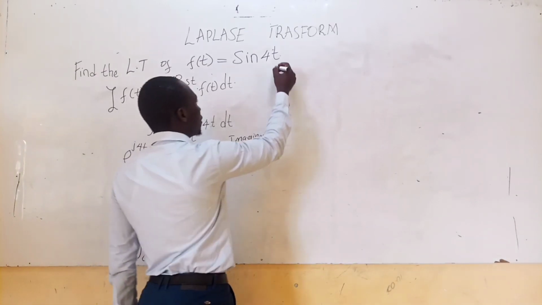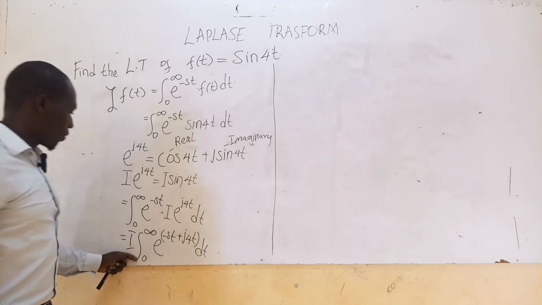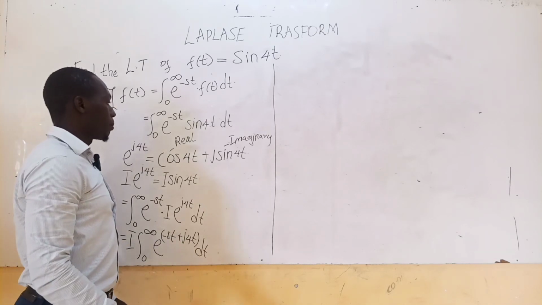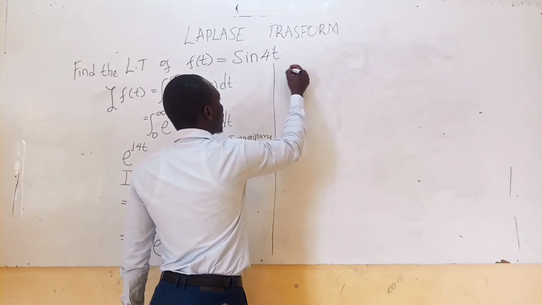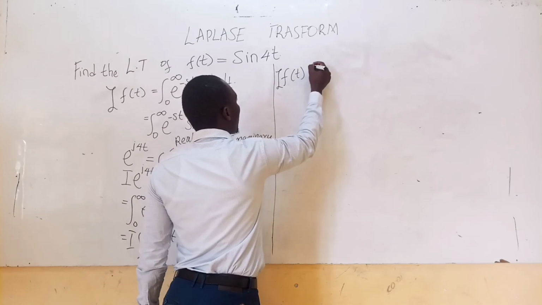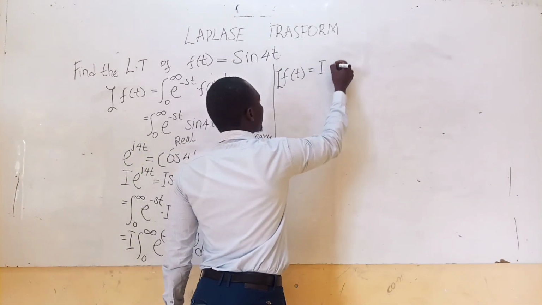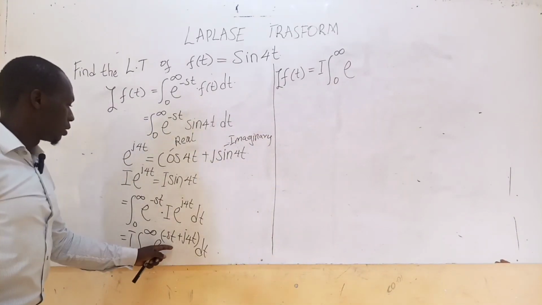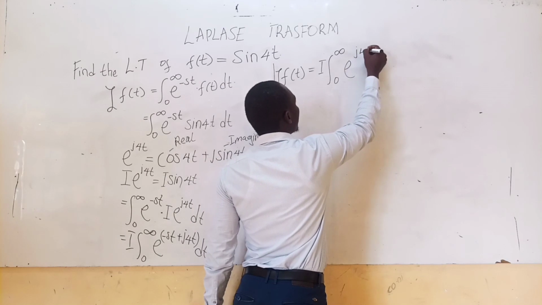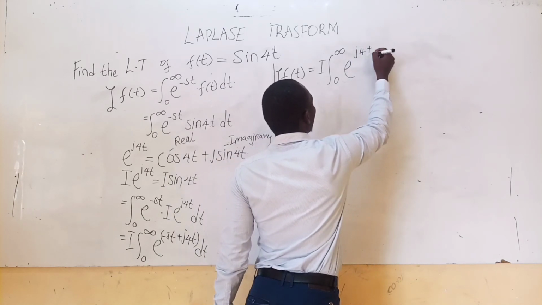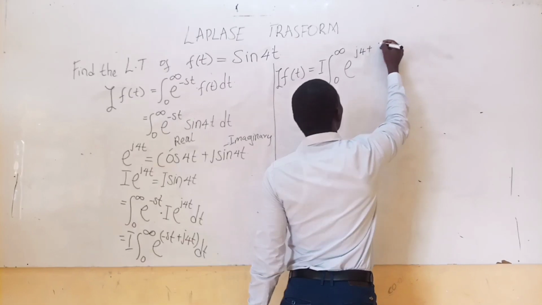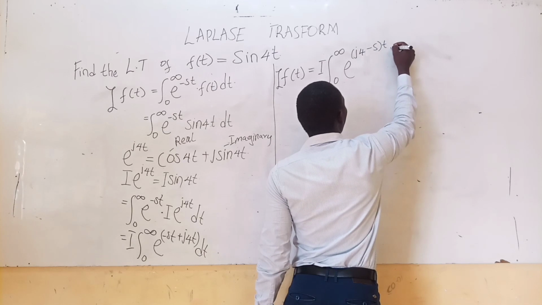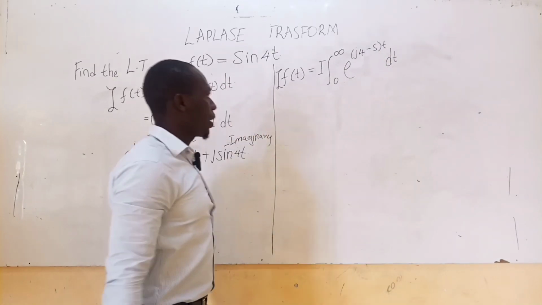Now from here we factor out our term of t, and we are going to have the exponential of j a minus s, all times t.